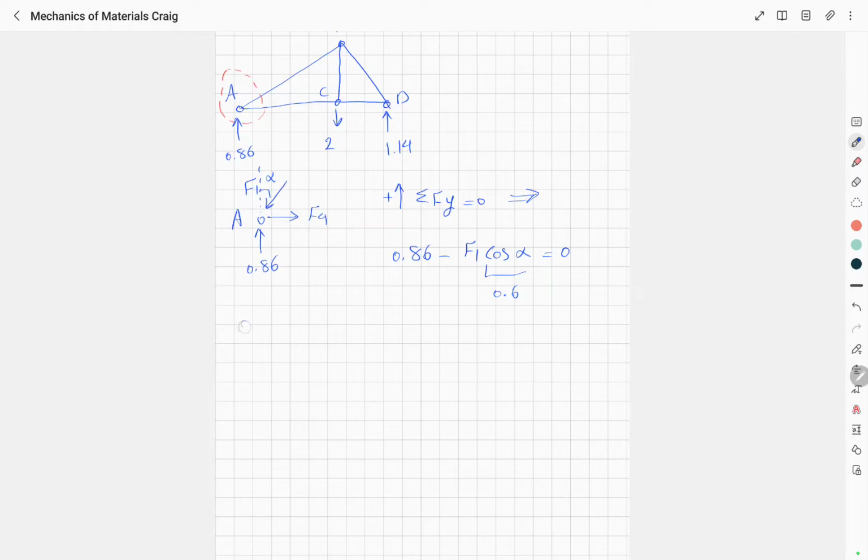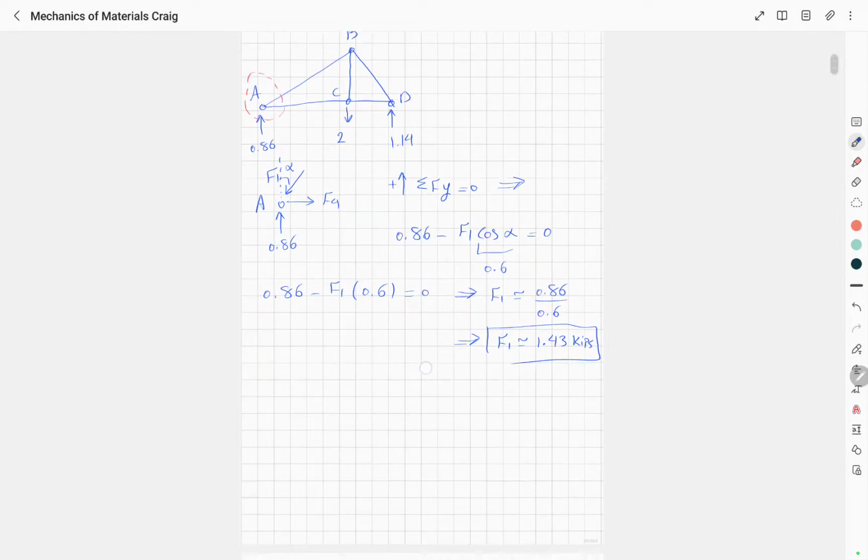We will have 0.86 minus F1 multiplied by 0.6 is equal to 0. So F1 would approximately be equal to 0.86 over 0.6, which is almost equal to 1.43 kips.